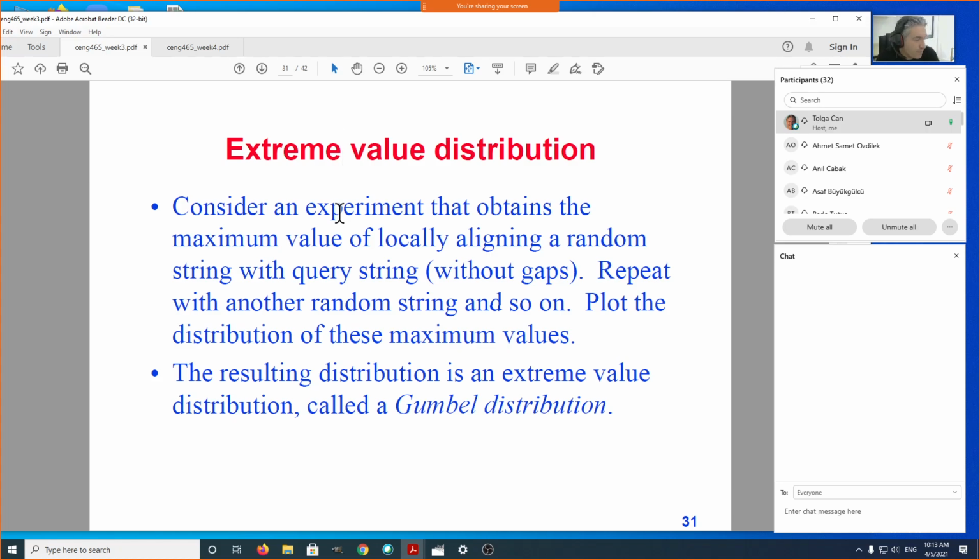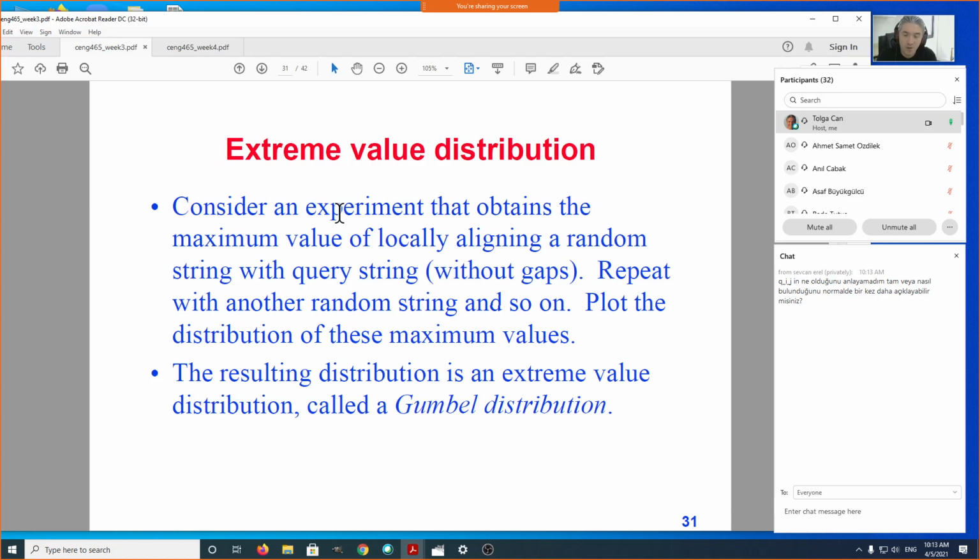One way to measure statistical significance is to estimate your background distribution of random alignment scores by generating lots of random alignments, like taking samples from the entire universe of random alignments.